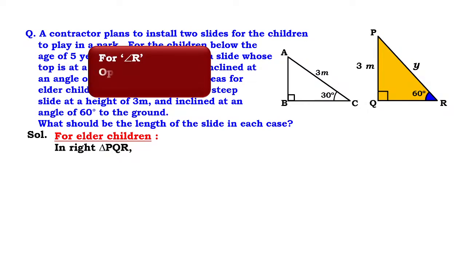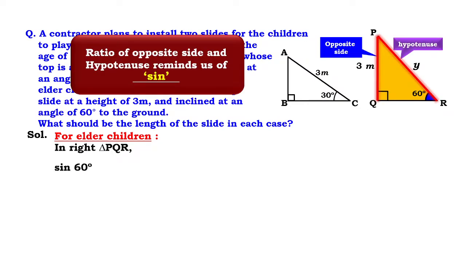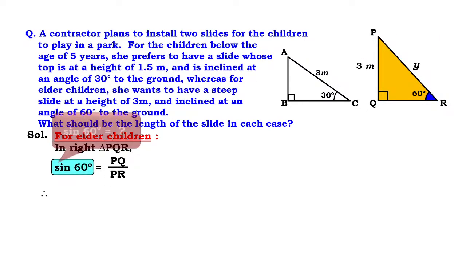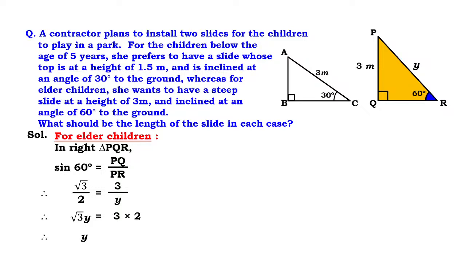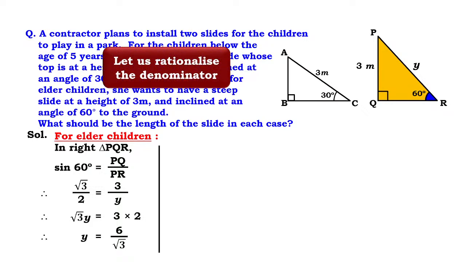For elder children, we have 60 degree. Okay, again I am going to use sine. Sine is root 3 by 2 and PQ is 3. Correct, the height of this slide is 3 here. And here now I am going to take y. So if I cross multiply, you get 3 twos are 6. Look at this calculation. 6 divided by root 3. Can I write root 3 in the denominator? No. So I have to rationalize.